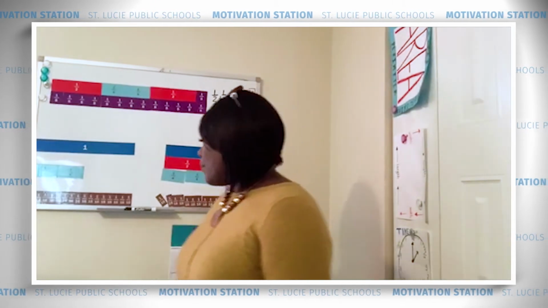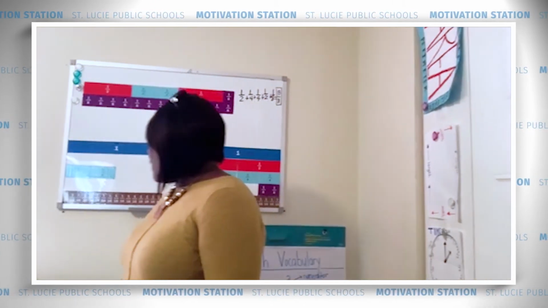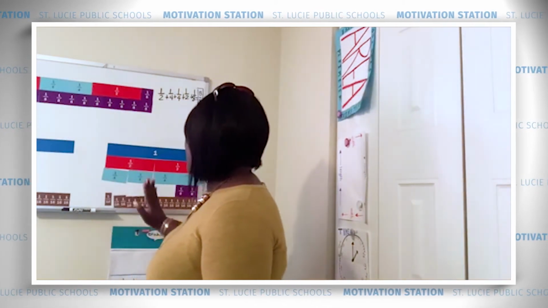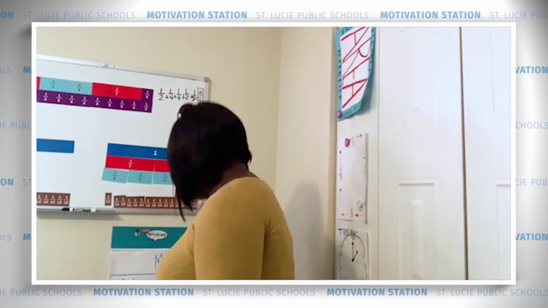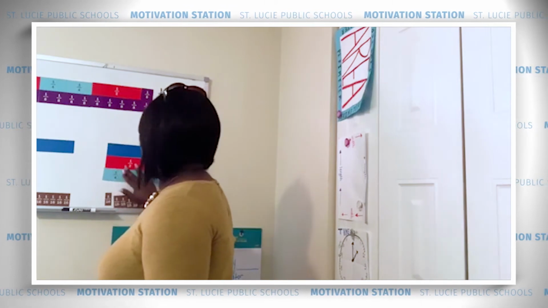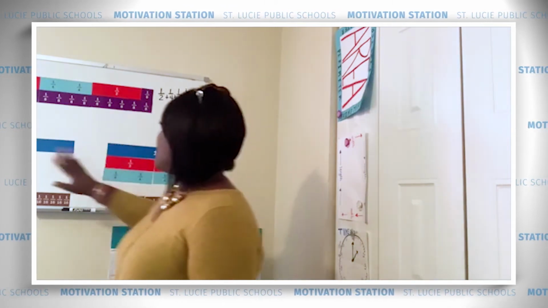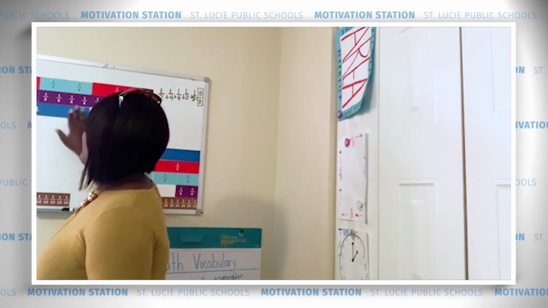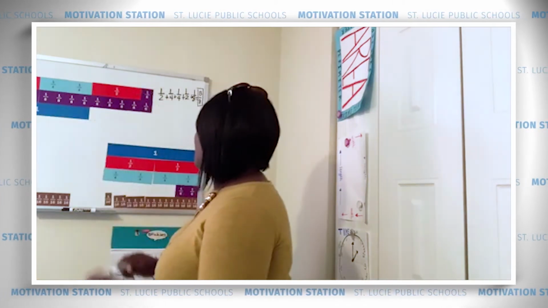Okay, so now we're going to try this again using 16ths. Well, actually, we're not going to try it again using 16ths. We are going to try to show this total as a mixed number.